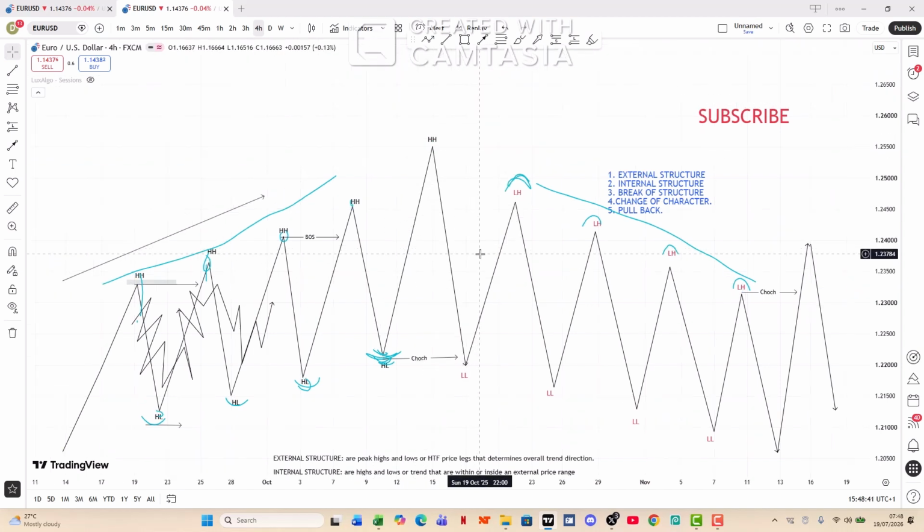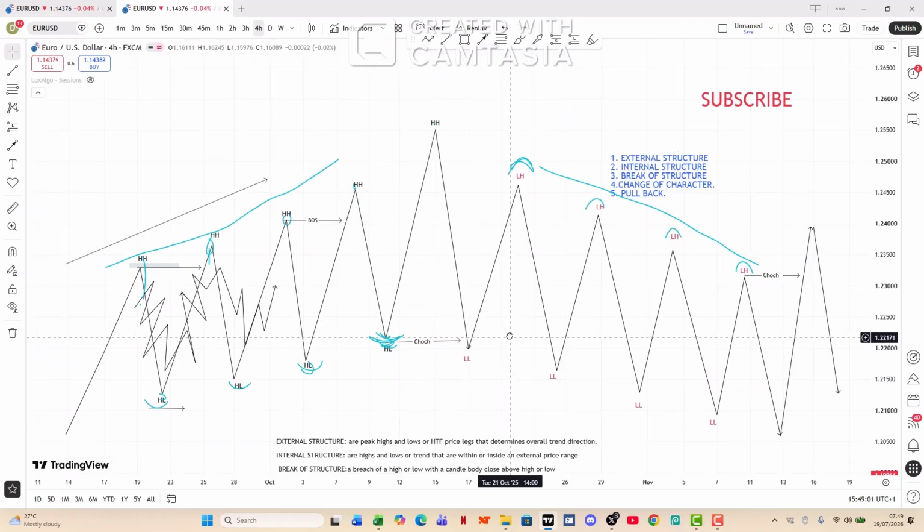All right, so that's basically the rule for change of character in bullish price action. A breach of a higher low in a structural trend is considered a change of character. So same goes to the bearish trend. A breach of an external high is considered a change of character.